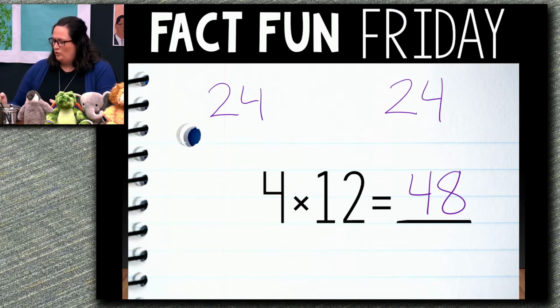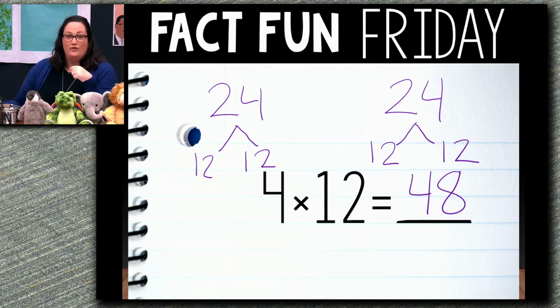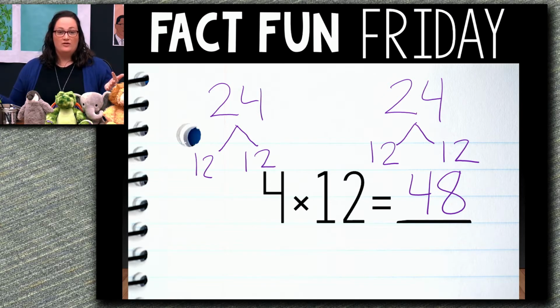But here it says 4 groups of 12. Do you see it? How do I make 24 with equal groups? 12 and 12. And look, all of a sudden now we have 4 groups of 12. Multiplication is so cool because you can have it and double it to help you find things you don't know. Pretty awesome.